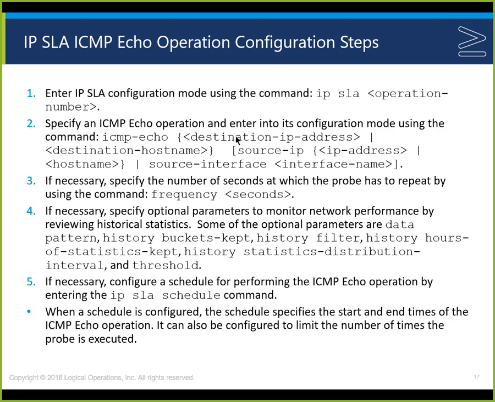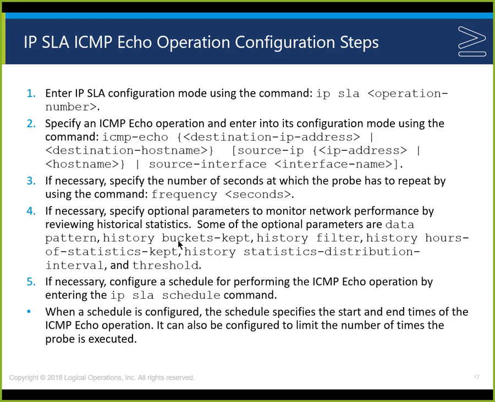So specify the operation mode by using the command ICMP echo, the destination address, destination host name, source IP, source interface that we're coming from. Specify the number of seconds at which the probe is to repeat. How frequently do we want them to go out?